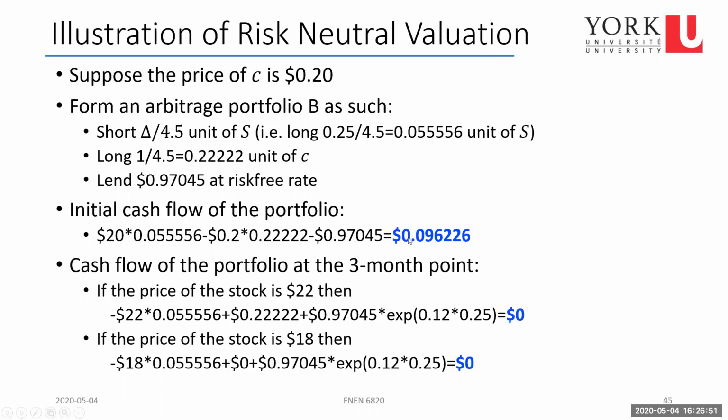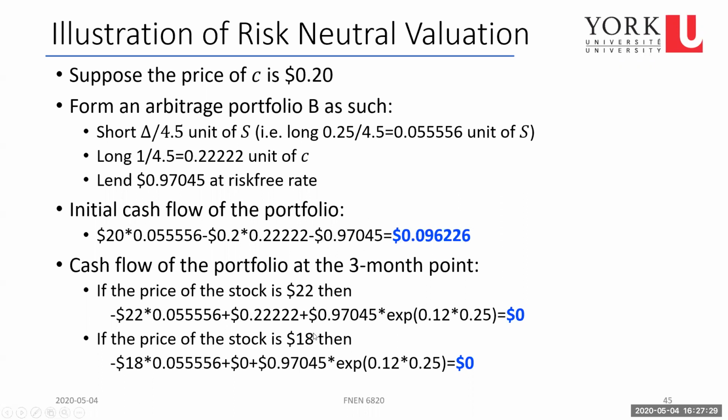So if there's no future liability in the account, you can take this money and spend it. $20 you short, so that's why you have this much cash in the account, and you bought 0.22 units of C, so you have to pay 0.2 times this, and then you lend some money out, so you're taking this amount out of your account, but you're still left with about 10 cents.